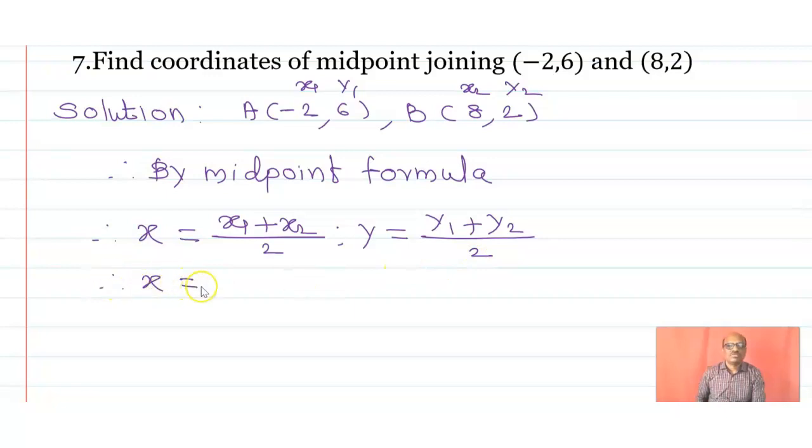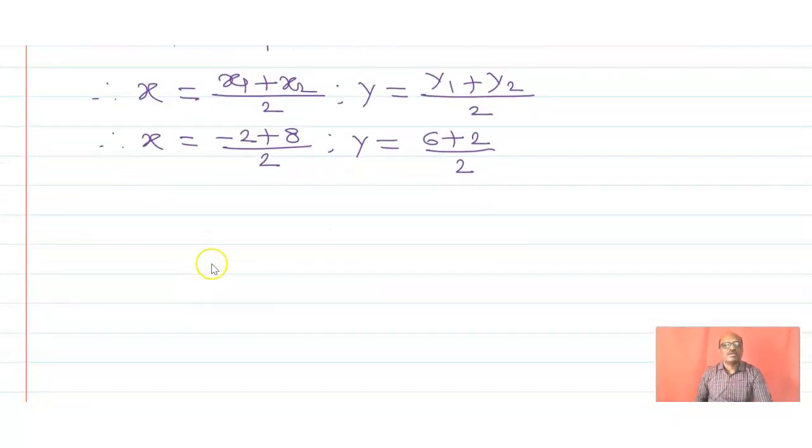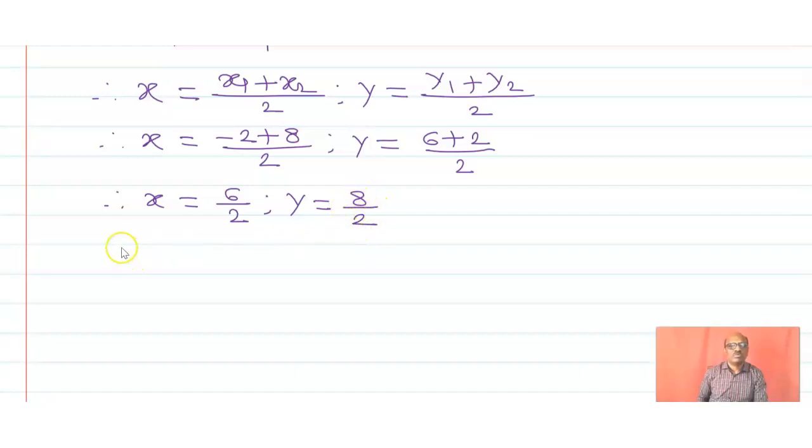Therefore, x is equal to -2 plus 8 upon 2, and what about the y? 6 plus 2 upon 2, and here you get that x is equal to 6 upon 2 and y is equal to 8 upon 2.